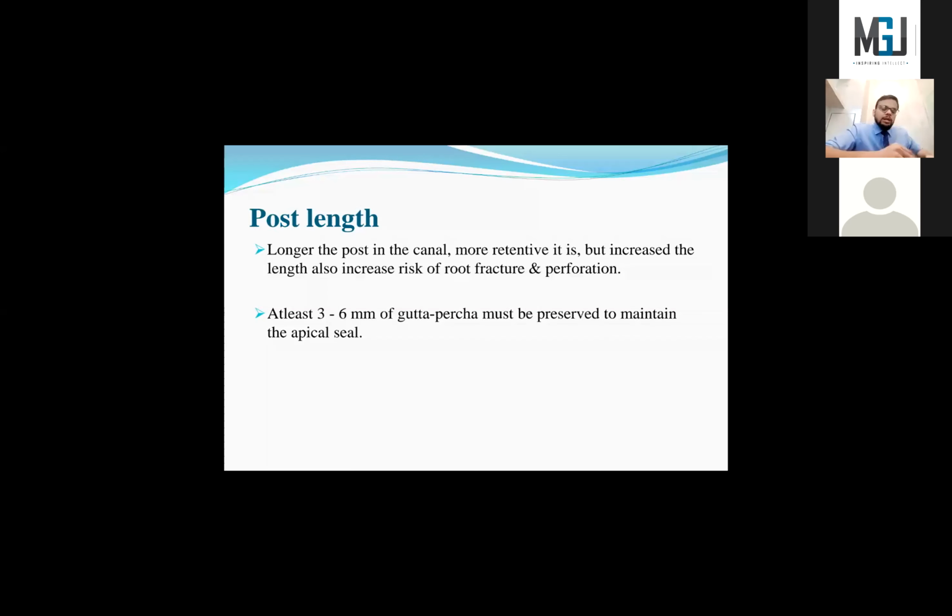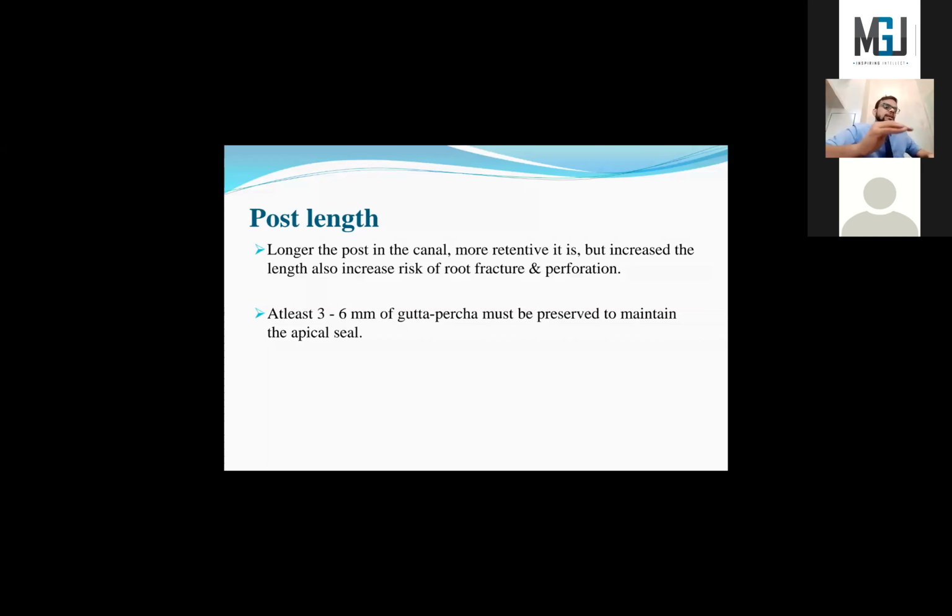If you remember in the beginning part of my lecture, I said about 4 to 5 millimeters of apical gutta percha should be left to make sure that you have a tight apical seal. Anything lesser than that, you are compromising the apical seal of your root canal, which gives a chance of reinfection. So never ever leave lesser than 3 to 4 millimeters, you're in trouble.